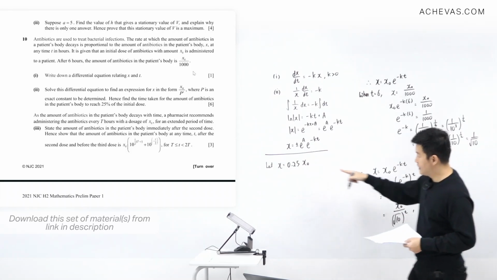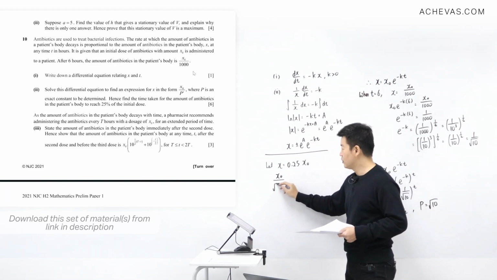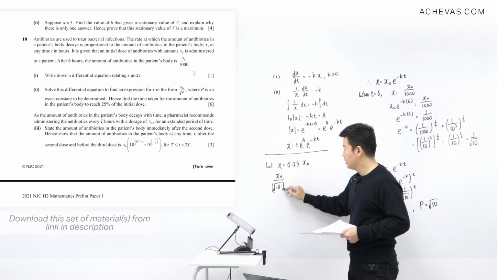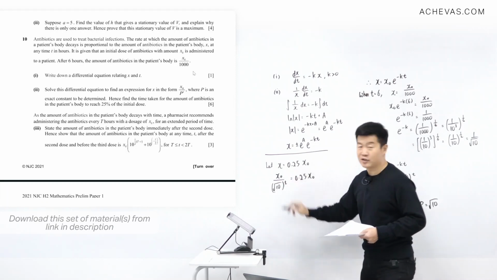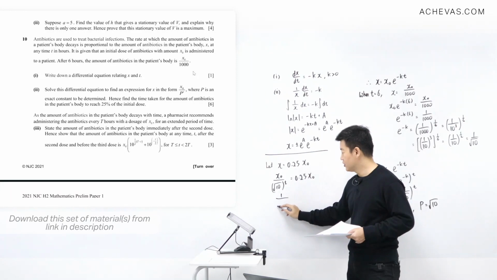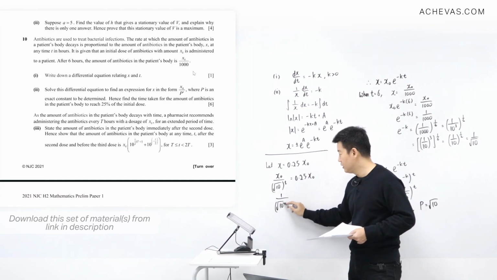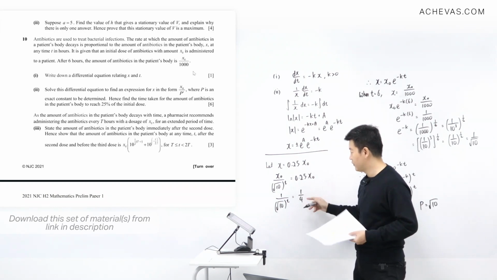So plugging this in here, this is going to be x naught over square root of 10, then to the power of t. This is equal to 0.25 x naught. So x naught can be cancelled. We have 1 over square root of 10 to the power of t is equal to this, which is actually just 1 over 4, right?